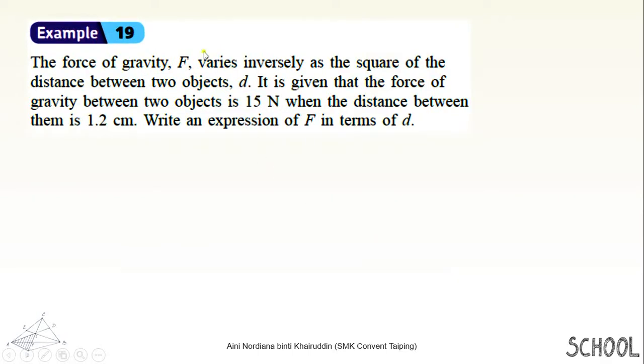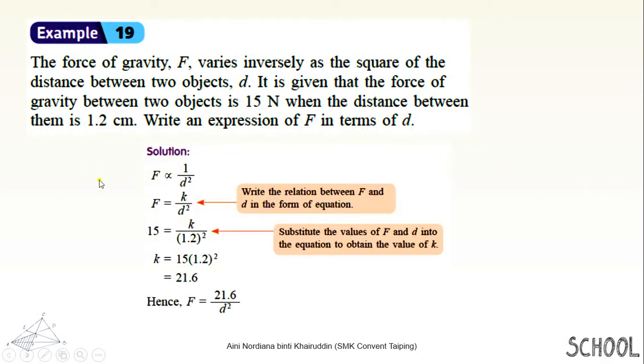Next, example 19. The force of gravity F varies inversely as the square of the distance between two objects, D. It is given that the force of gravity between two objects is 15 Newton when the distance between them is 1.2 cm. Write an expression of F in terms of D. First, write in the relation form.